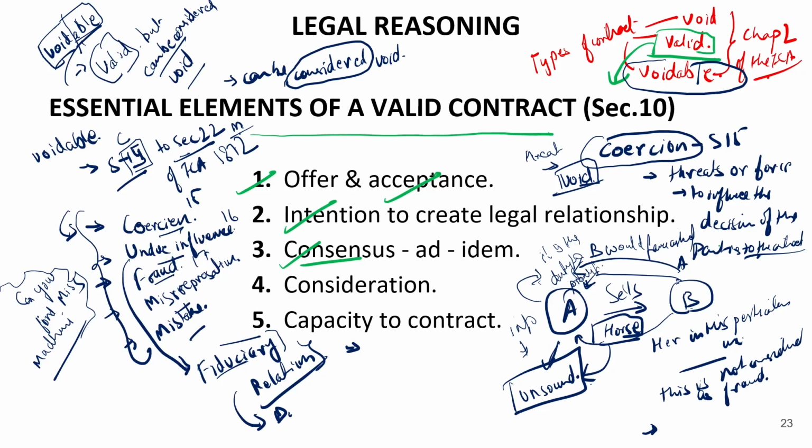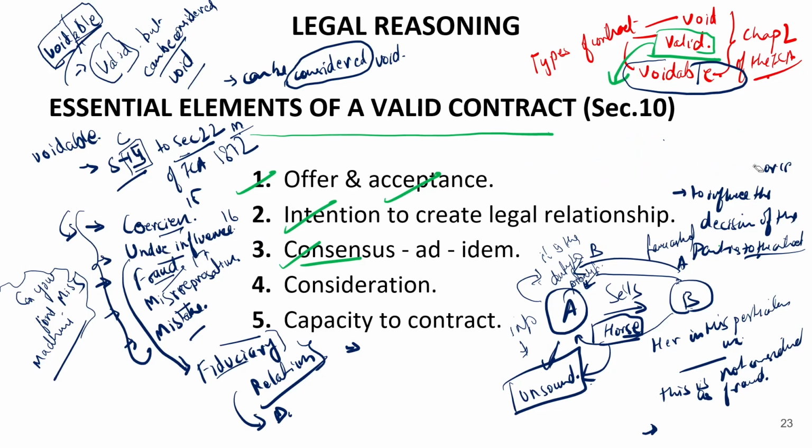But if the father knowingly doesn't disclose that it is of unsound mind, then it will be considered as fraud. I suppose by this example you have understood what exactly is fraud. So now let's talk about misrepresentation also, because misrepresentation and mistake are the two things that are left when you talk about free consent.